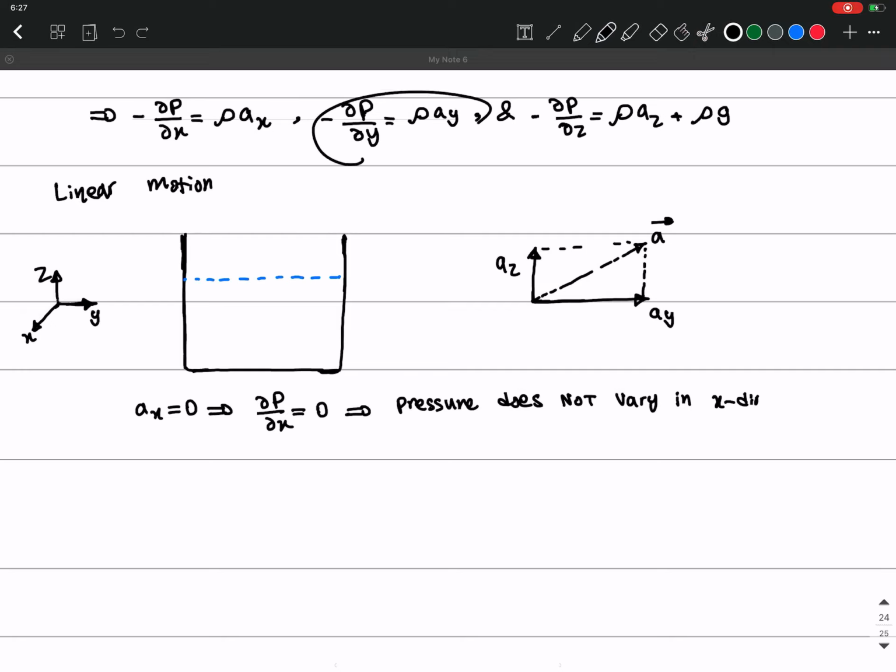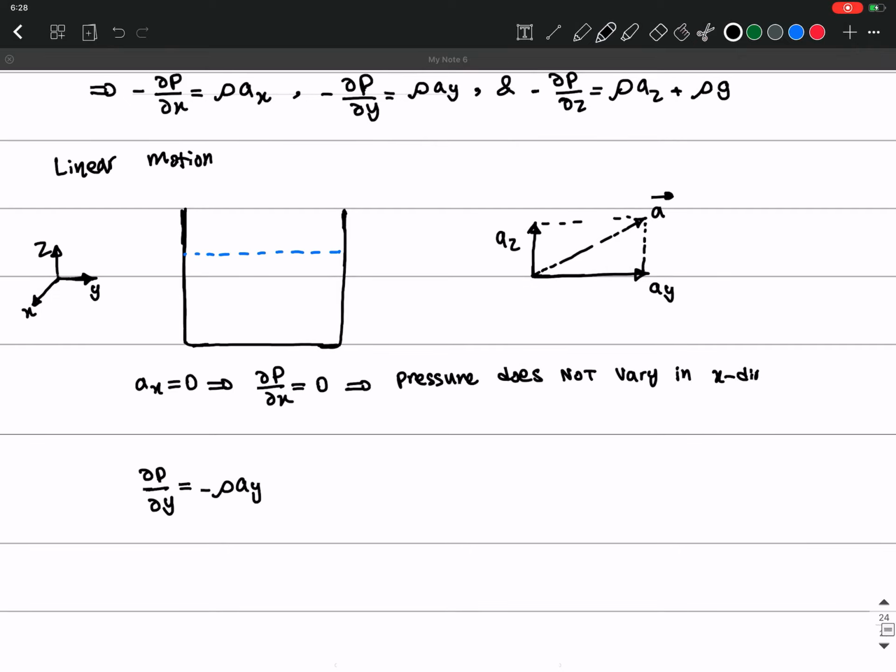Now let's go to the second one, using the y equation. I know that partial p over partial y is going to be minus rho a_y, and from the z equation, partial p over partial z is going to be minus rho times (g plus a_z).